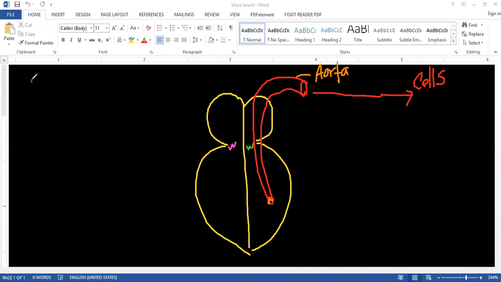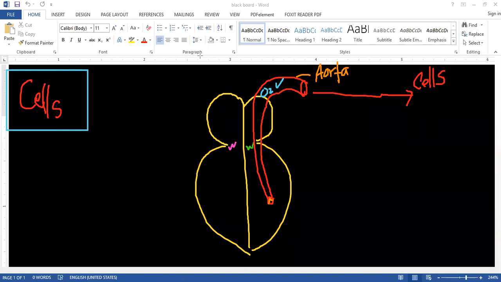If I write a cell here, oxygenated blood, blood with oxygen, goes to this one. If I take one cell here, and if the cell uses this blood, then there is no oxygen. And the blood now moves through the vena cavas.